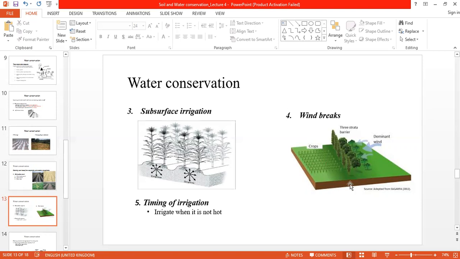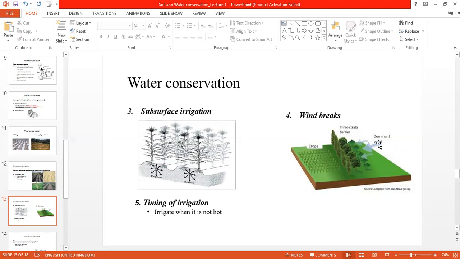So if water is evaporating from the soil and the atmosphere becomes saturated, the evaporation will stop because there's enough water in the atmosphere.